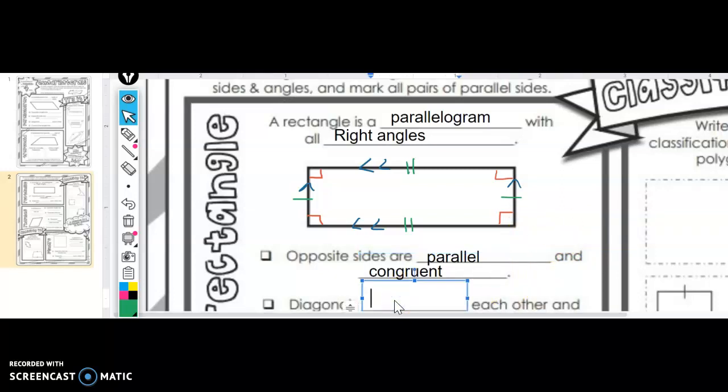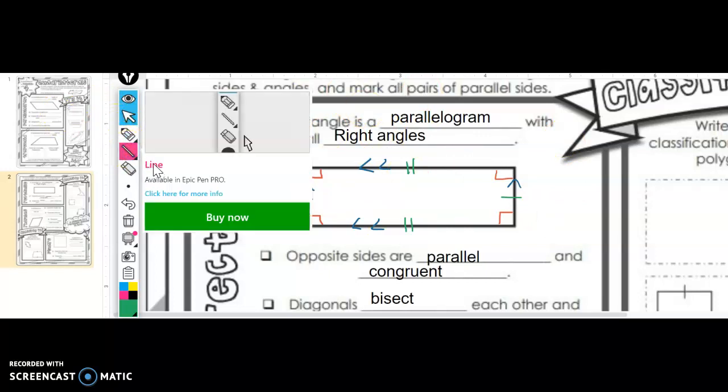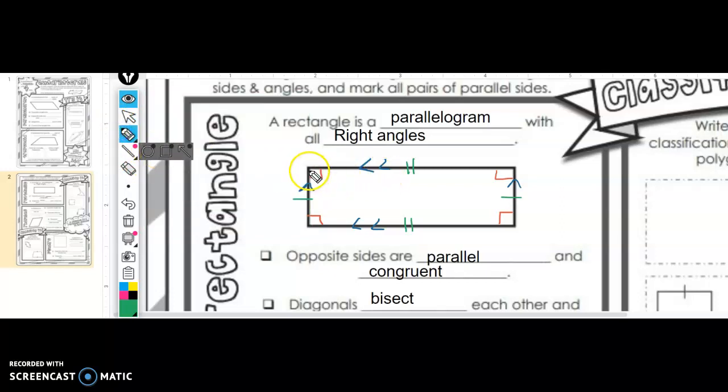That's another property that is the same from the parallelograms, but it also works in the rectangle. So if I draw in my diagonal, I'll use a different color here, pink, and go from one end to the other.